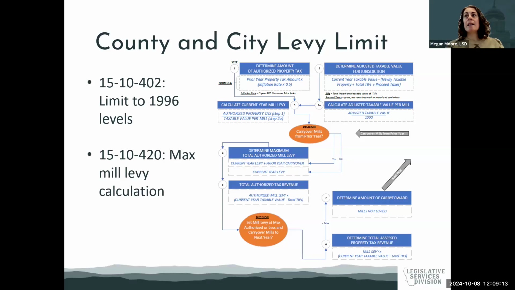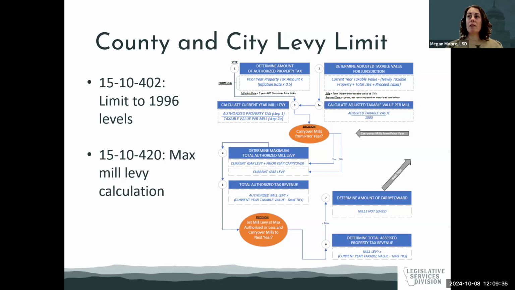The next item that's taken out is the total incremental taxable value of districts that use tax increment financing. The reason this amount is taken out is because that money is not available to the county or city government. The taxes levied on that incremental taxable value are retained by the tax increment financing district.